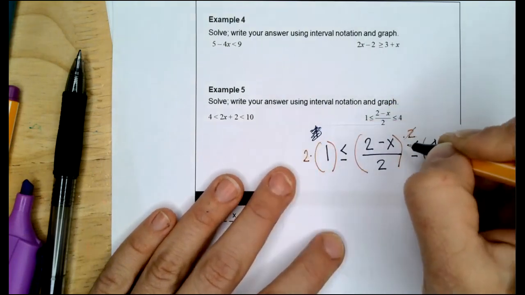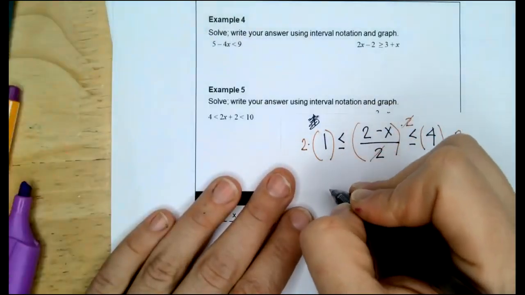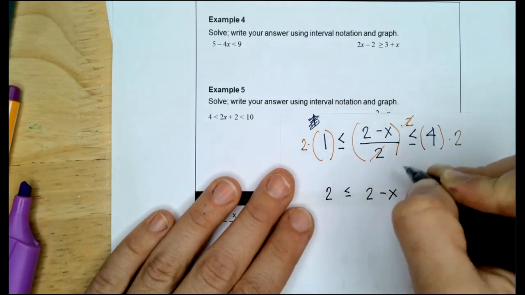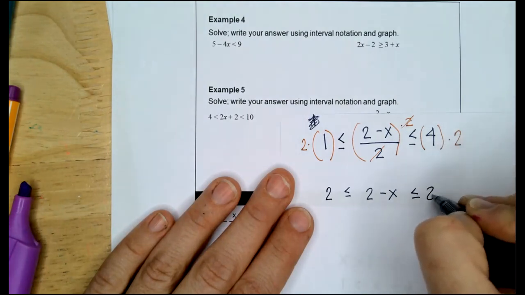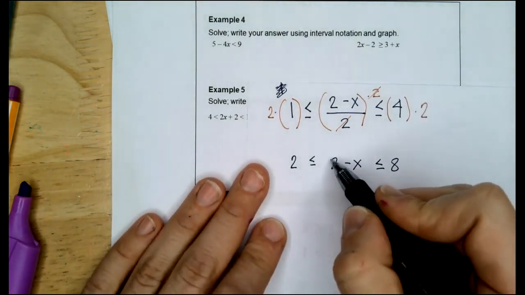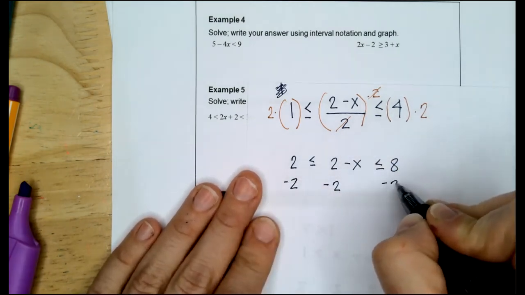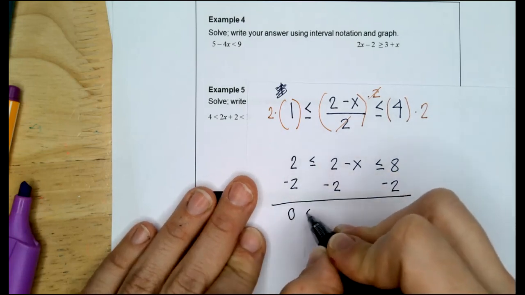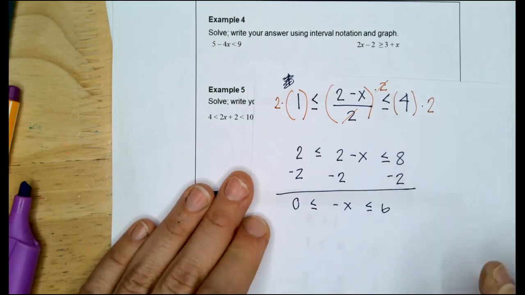And this, of course, in the middle was just to get rid of that denominator. So I'll have 1 times 2 is 2. 2 minus x, because the multiplying by 2 and the dividing by 2 cancel each other out. 4 times 2 is 8. Good. So that's a negative x being combined with a 2, so I'll subtract 2. 2 minus 2 is 0. Negative x, 6. Good.